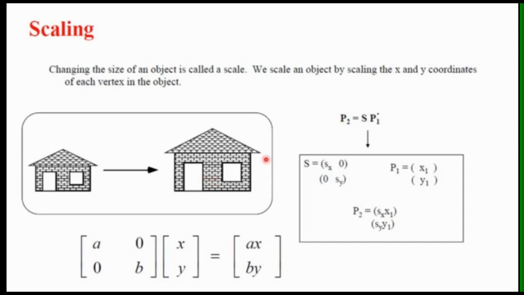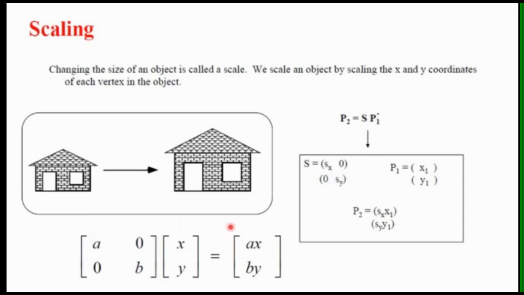We can calculate P2 as the initial coordinates P1 multiplied by a transformation matrix S, where S is Sx 0, 0 Sy, or here A 0, 0 B.